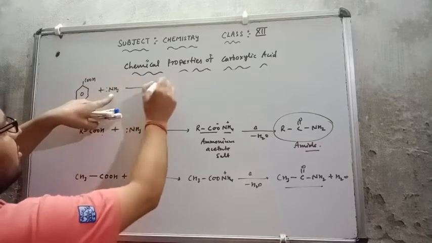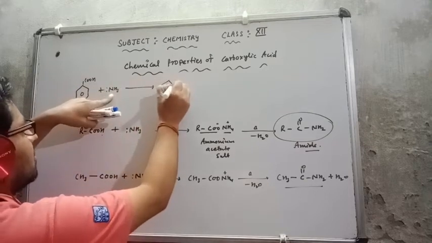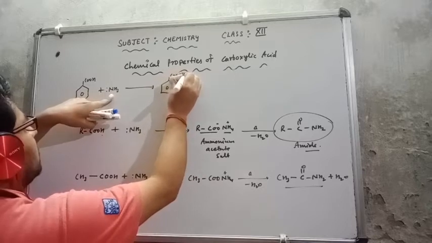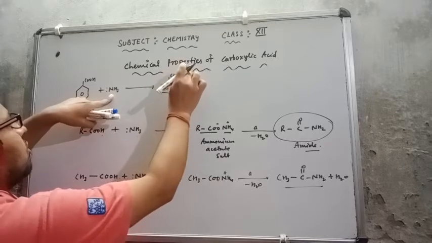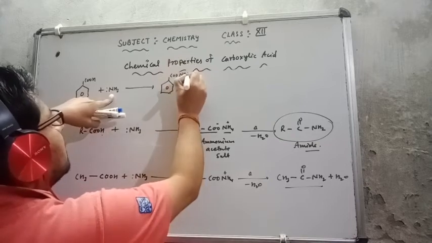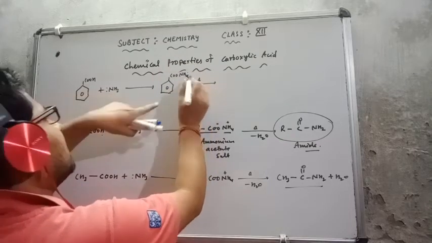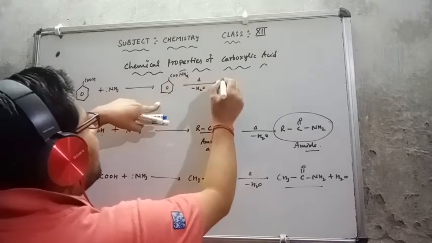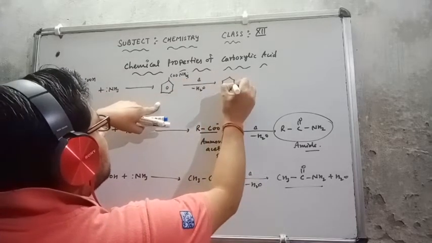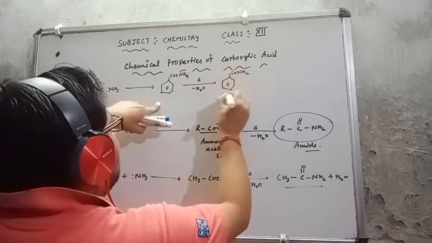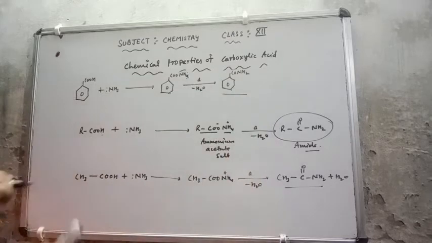H reacts with this NH3 and this gives us the ammonium salt, C6H5COONH4. We have to heat it. The water molecule is eliminated, that is H2 from here, oxygen from here. So the rest of the product is C6H5CONH2. That means this is benzamide. We are getting the major product.